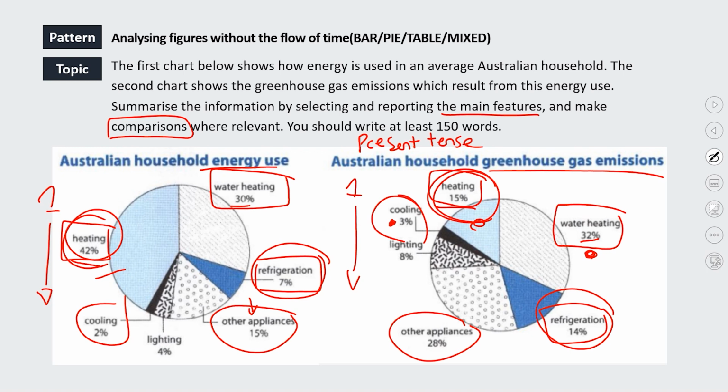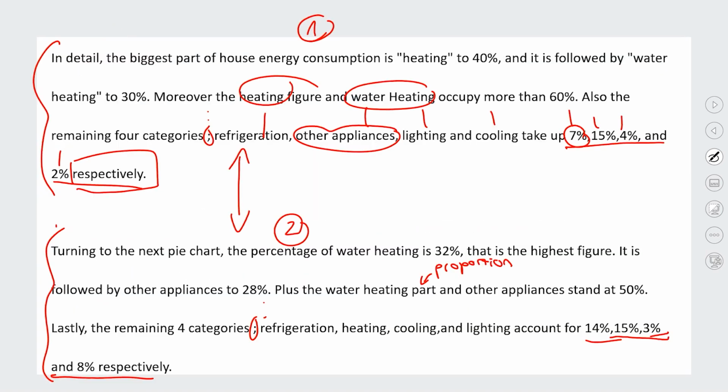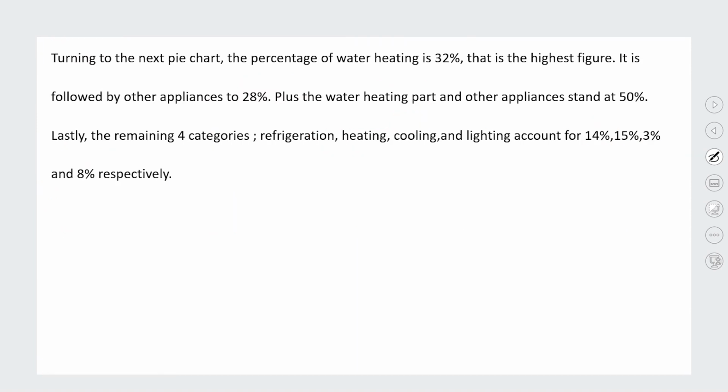Once you're quick at that, it's going to be much easier to write a higher scoring task 1 essay. A lot of candidates think you literally just need to repeat the data, and that's not what they're looking for to get those higher band scores.